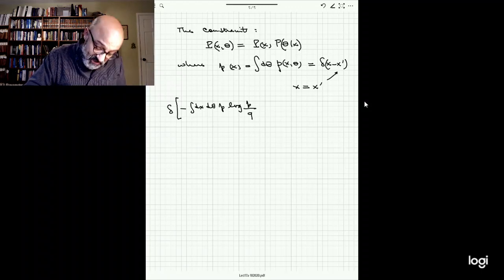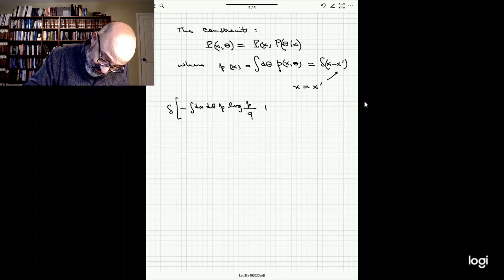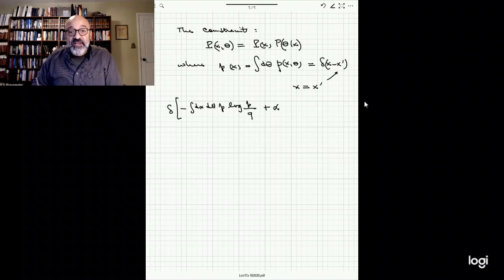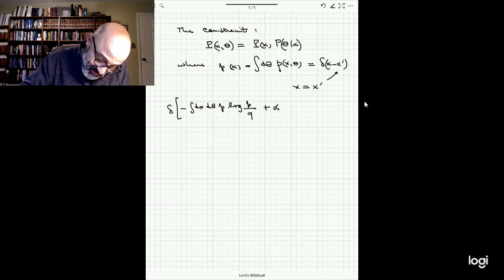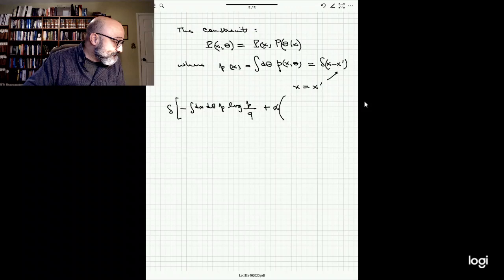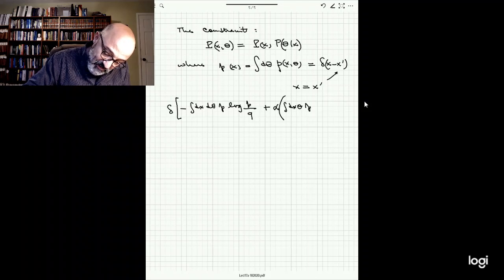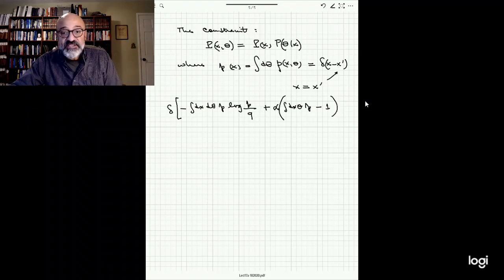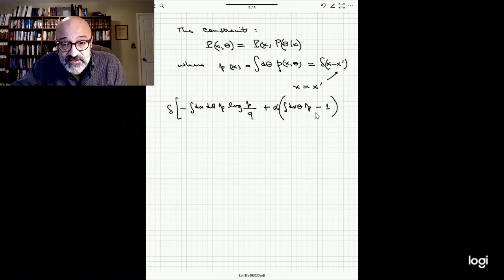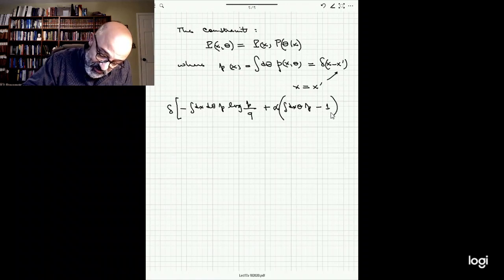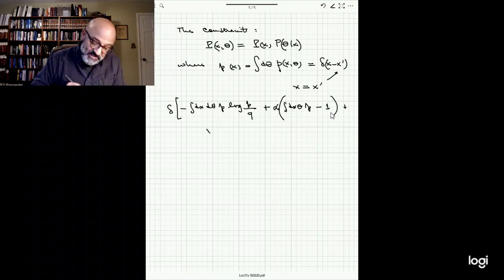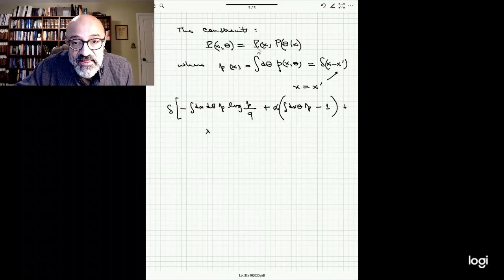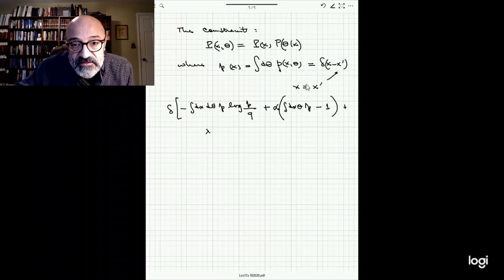So let me remind myself what Lagrange multiplier I chose, alpha. And then here we're going to have the integral dx d theta p minus 1. So I'm just adding 0. This is normalization. And then we're going to put another constraint, let's call it lambda, that takes this into account.